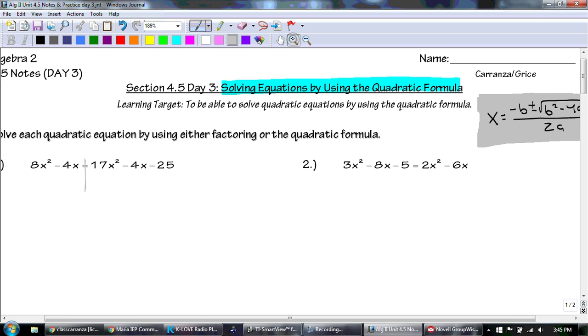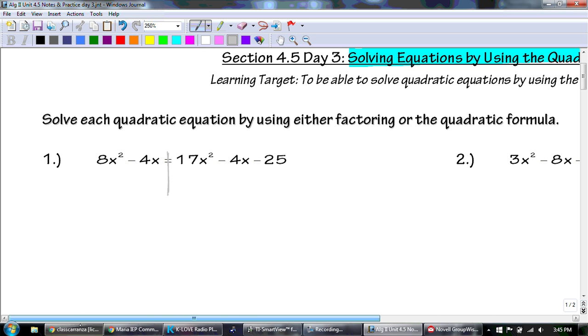So when I'm looking at number 1, it doesn't equal 0, guys. So that's when we have to look at our leading coefficients and move the smaller one, okay? So we're going to subtract 8x squared to both sides, okay?